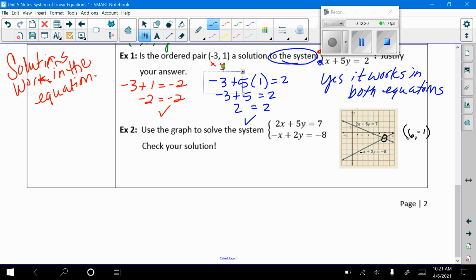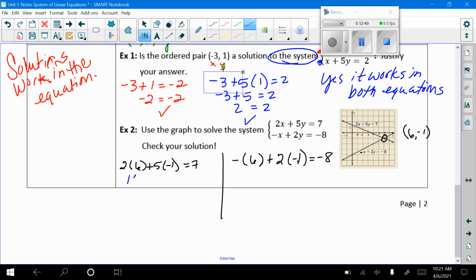I'm going to plug 6, -1 into the top equation. So 2 times 6 plus 5 times -1 equals 7. And then the other equation is negative 6 plus 2 times -1 equals -8. So solve both of them, and if they come out true, then it is a solution, even though sometimes with graphing, it doesn't always look right.